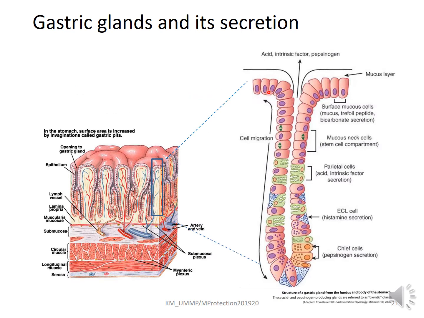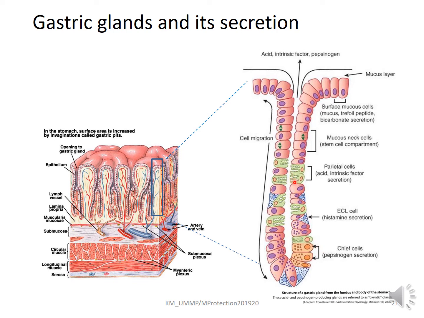Look at the acid gland. This is a simple tubular gland. A lot of cells line it here. The chief cells mainly secrete pepsinogen. Here we have an ECL cell for histamine secretion.